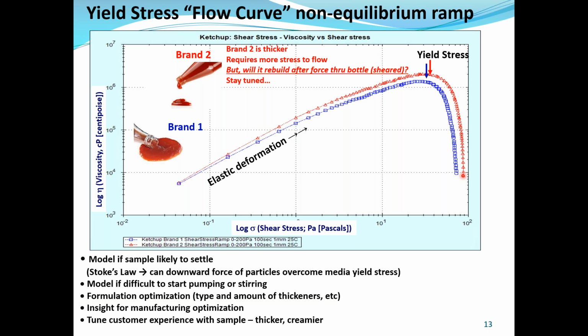And of course, there are other parameters involved with this, but that's at least one way of looking at your material. To model if the material has difficulty starting to pump or stir, you can be involved with formulation optimization as well as manufacturing optimization. It also gives some insight into how a customer may feel about the various materials, the thicker, creamier, and so on.